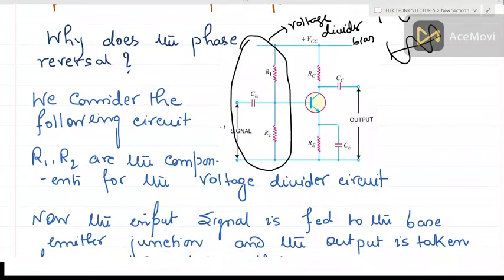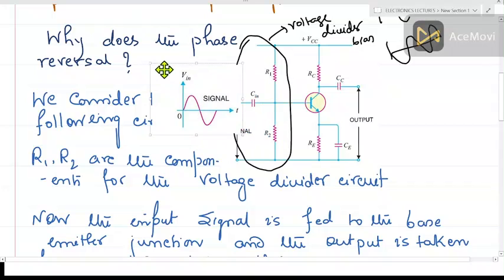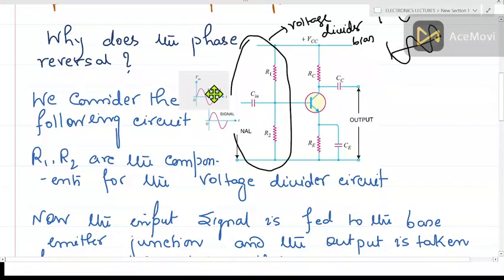So here we have this circuit. R1 and R2 are the components of the voltage divider circuit. Now the input signal is fed to the input end of the transistor, and you have to always remember that the input signal in a CE amplifier is provided at the base. The base emitter junction is forward biased, the base collector junction is reverse biased.